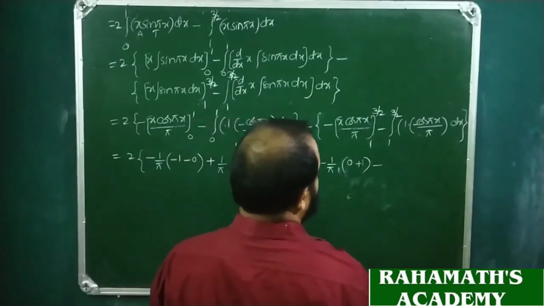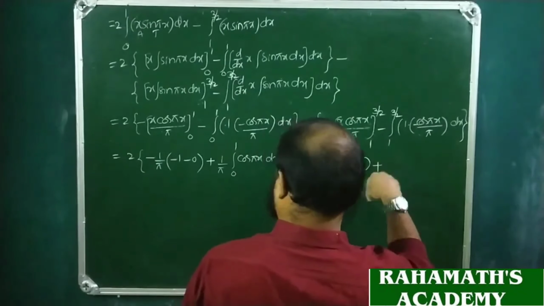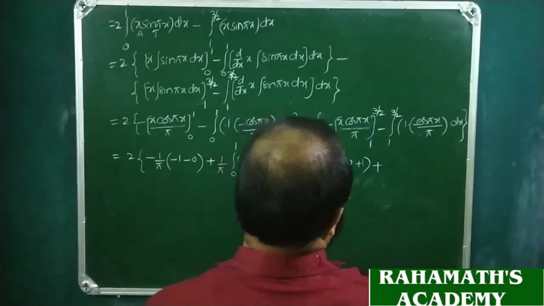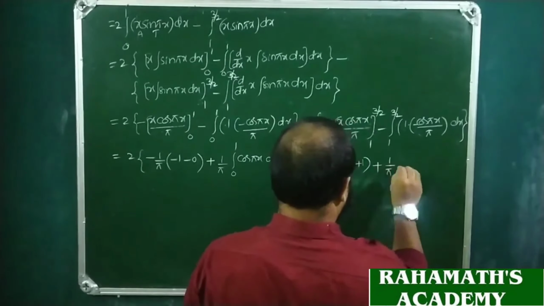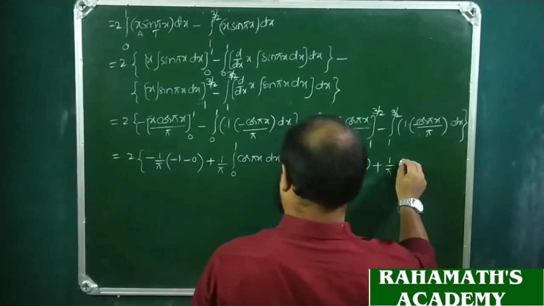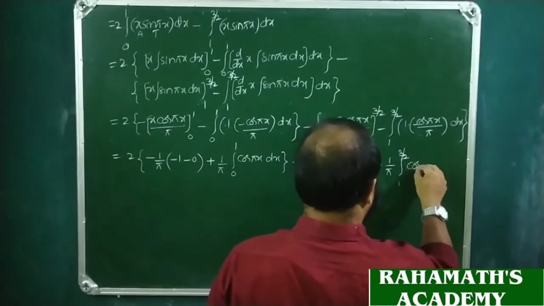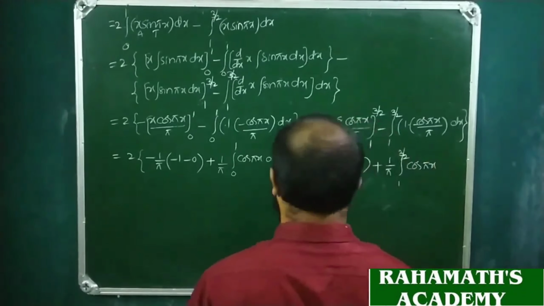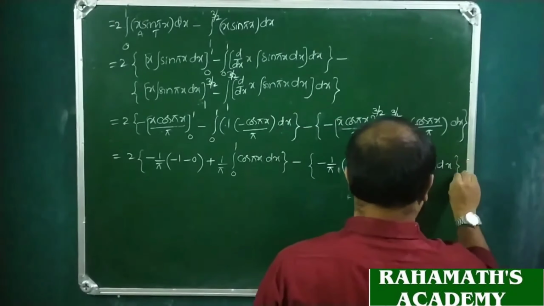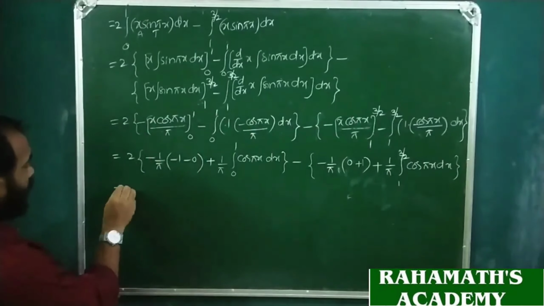So this is minus into minus plus, here 1 by pi into integral 1 to 3 by 2 cos pi x dx. Now listen.